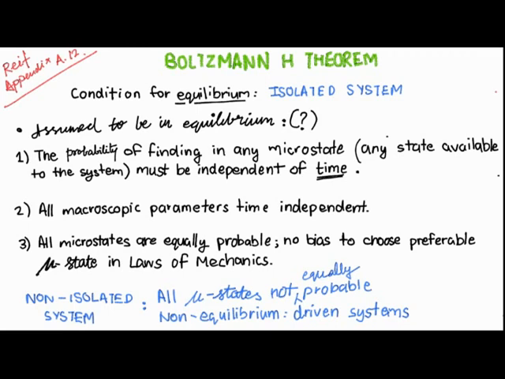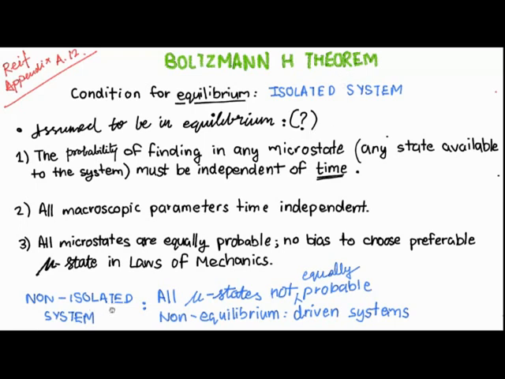There was no net current in the system, and then we postulated that all microstates are equally probable, and that there is no bias in the equations of motion to choose preferable microstates in the laws of mechanics. So all ways of distributing a system in different microstates, there is no bias, and it has to be in equal probability. But that's for an isolated system.